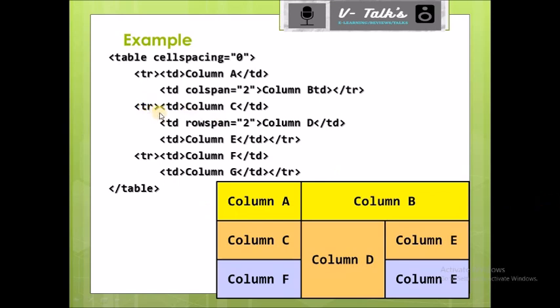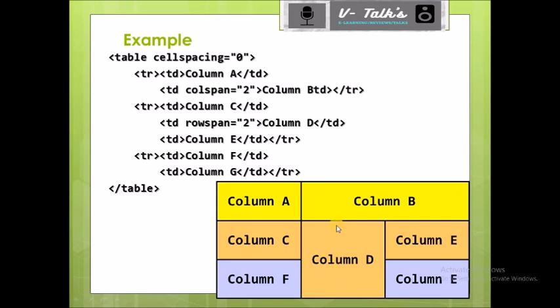Now coming to the second row, second TR, TD came, column C. So column C we created. Now close the TD, first cell created. Now the second cell, TD rowspan 2. That means in this full column you merged 2 rows together, 2 cells in a column together.